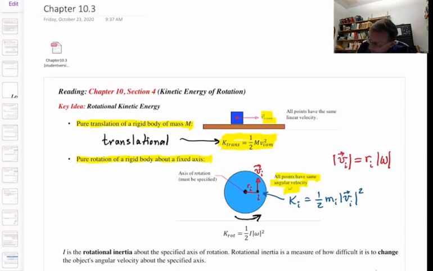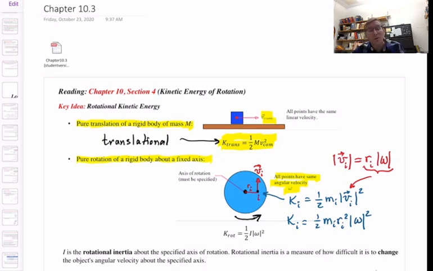Now substitute this expression for the v sub I and square it in there. Let's see what we get for the kinetic energy of that ith little piece. We get 1/2 m sub I r sub I squared times absolute value of omega squared. And that's the kinetic energy of that one little piece. But I have a whole bunch of little pieces that make up the disk, and they're all moving around in a circle, so they all have kinetic energy.